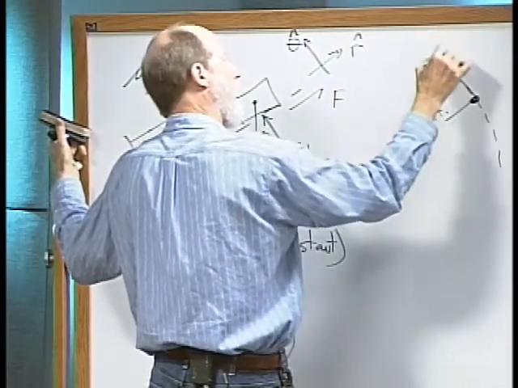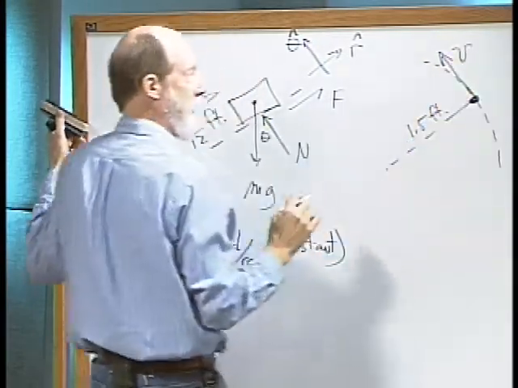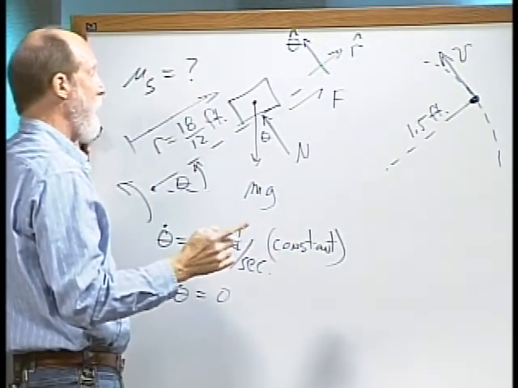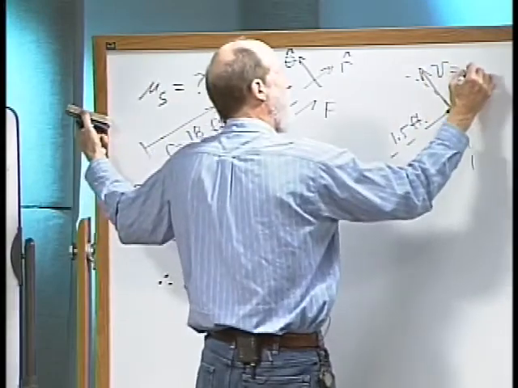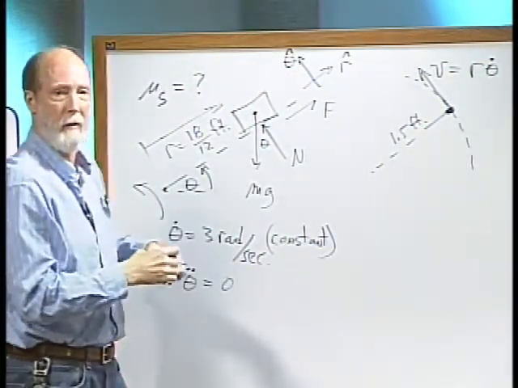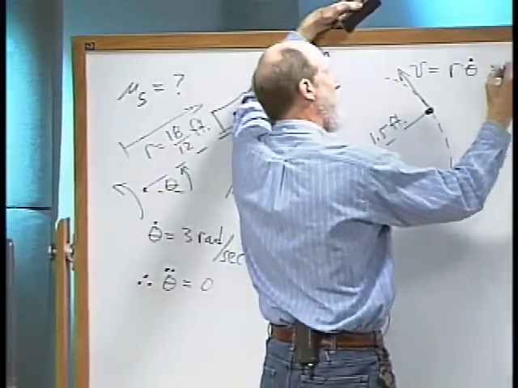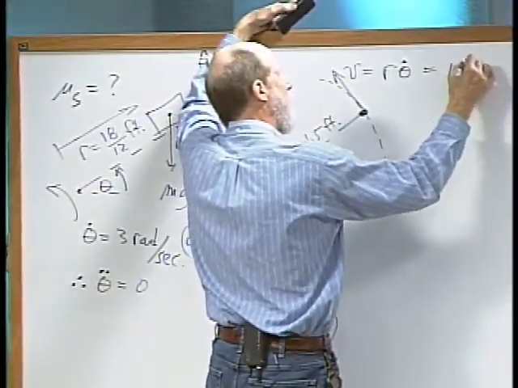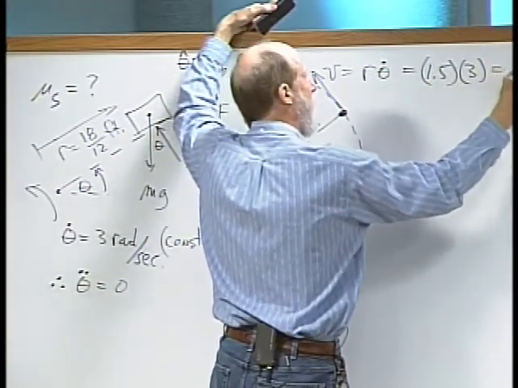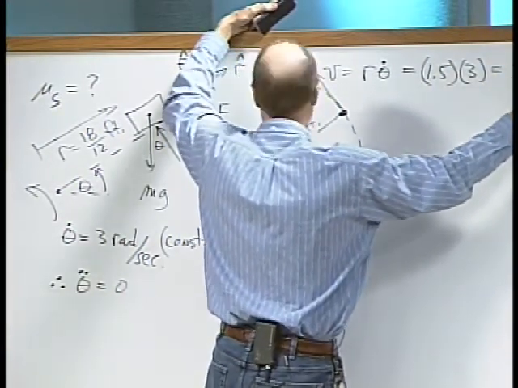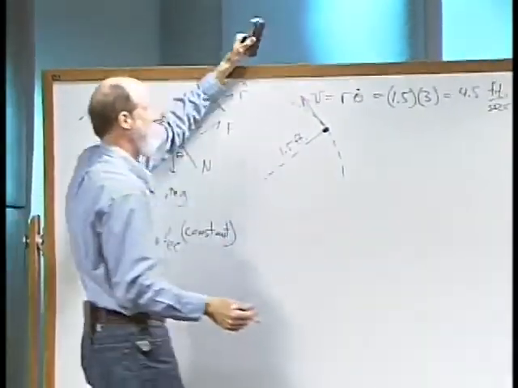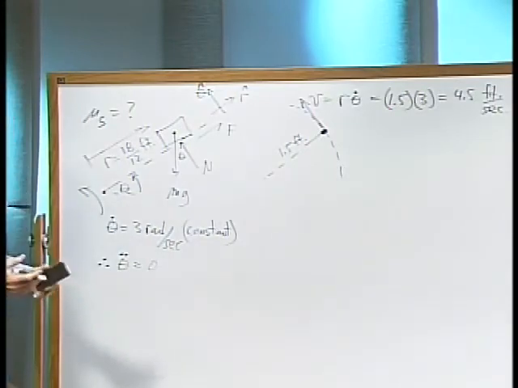Perpendicular here is the speed of the object, and that speed happens to be r theta dot, which we could go ahead and compute right now. 1.5 times 3, which is 4.5, and that's going to be feet per second.